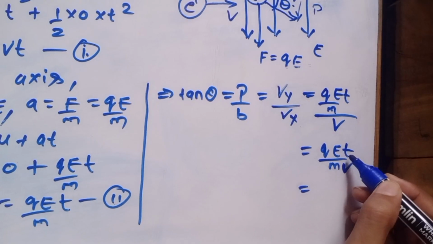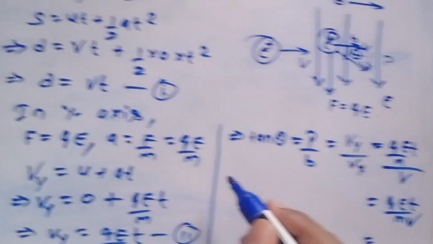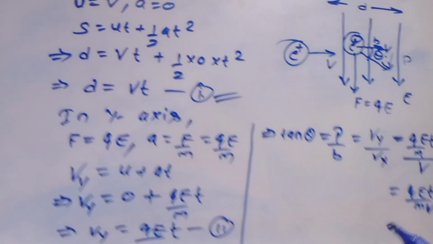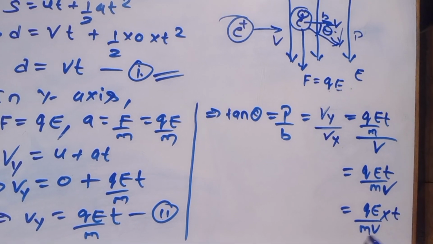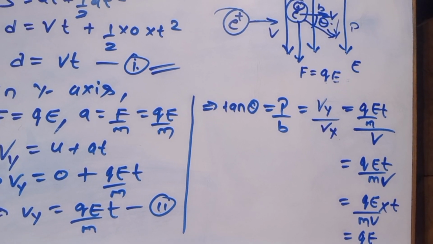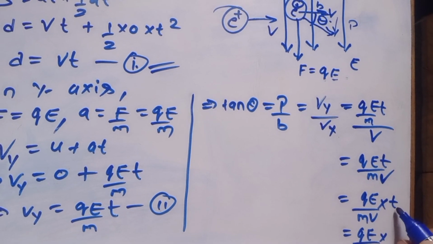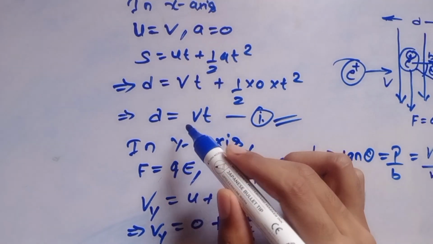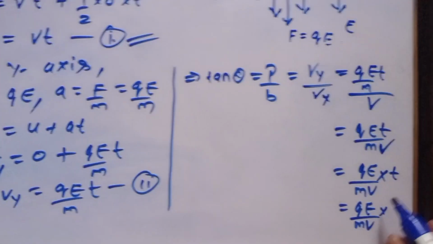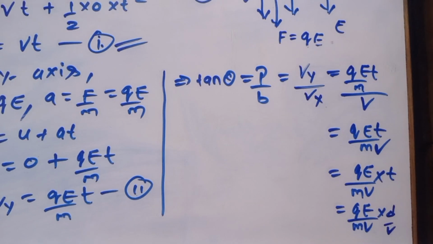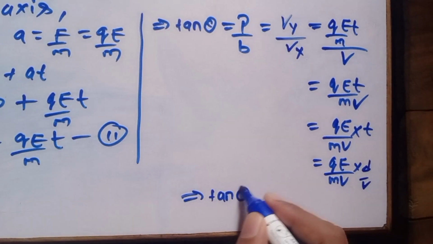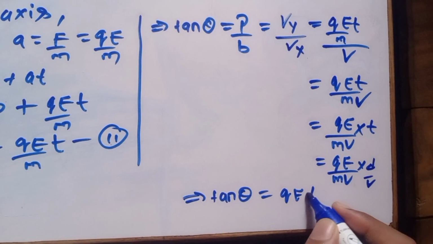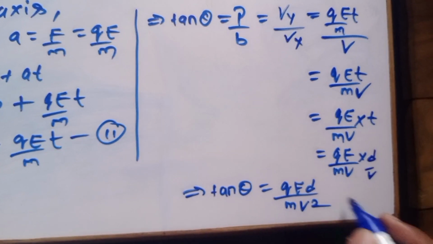We can replace this t by the first equation, t equal to d by v. So tan theta equal to qEd divided by m v square.